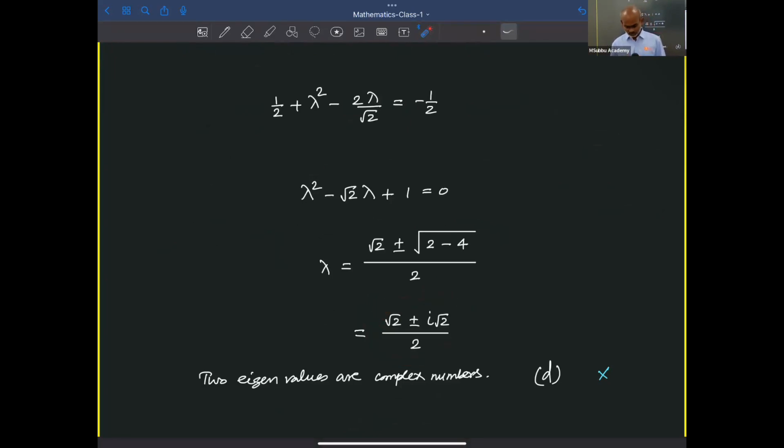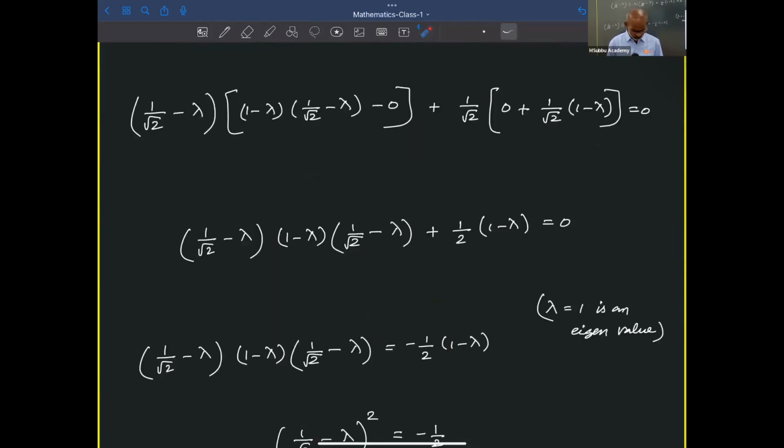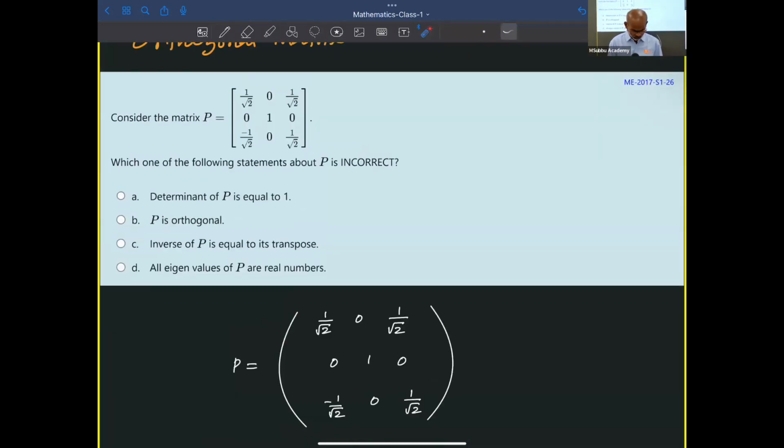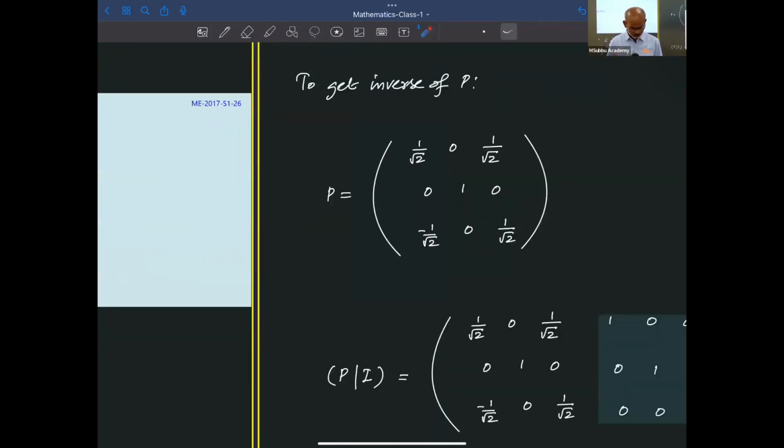Of course, complex numbers always come as complex conjugates, so because of this the plus or minus will come now. For the quadratic, there are two complex roots, two complex eigenvalues. So this statement is wrong. So there is an incorrect statement that we can easily identify, and the other two we can check.